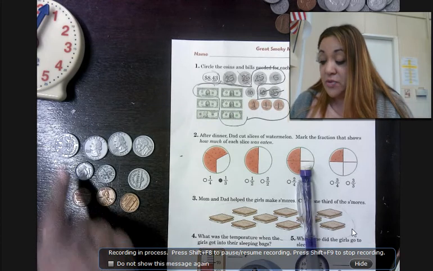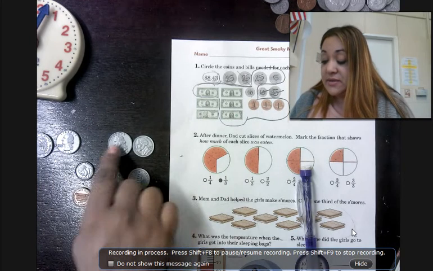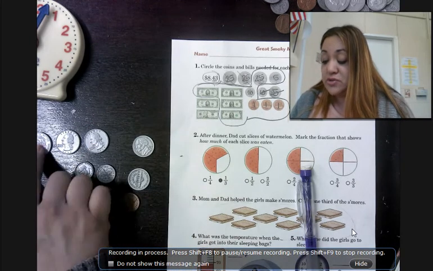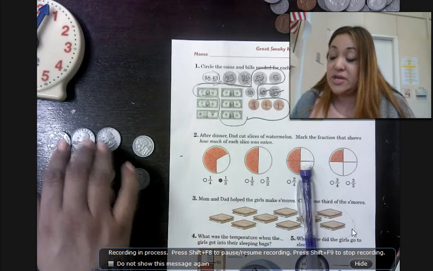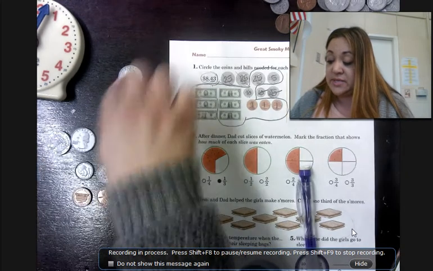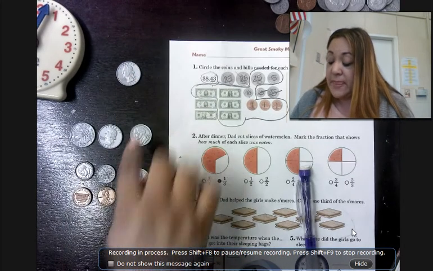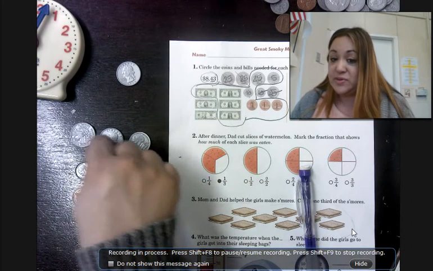So I have 25, 25, that's 50. This right here is another quarter, so 25, 25, and 25, that's 75 cents. So I know I went way over my 43, so I could probably take out this quarter. Now I have 25, 25, and a 5. So 25, 25, that's 50.